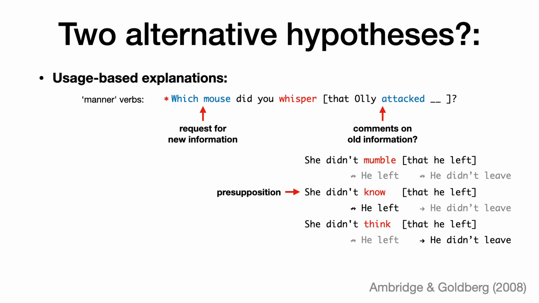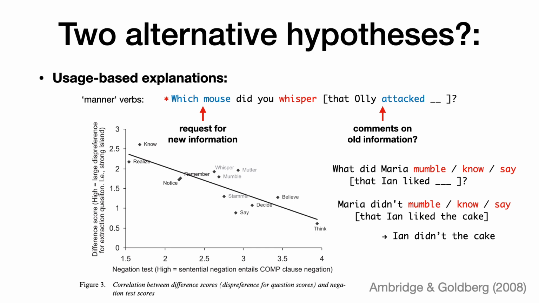Okay? And so Ambridge and Goldberg were interested in testing this idea. So they used an experiment that basically did exactly what I said. They asked people to judge sentences like, what did Maria mumble that Ian liked, which sounds weird? What did Maria know that Ian liked, which sounds weird? And what did Maria say that Ian liked, which sounds okay?